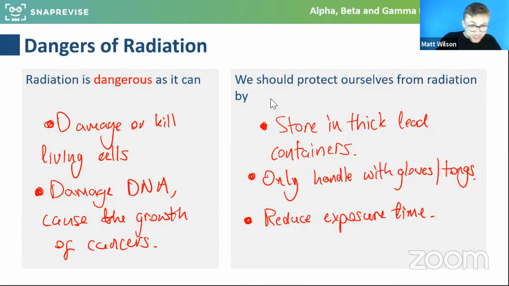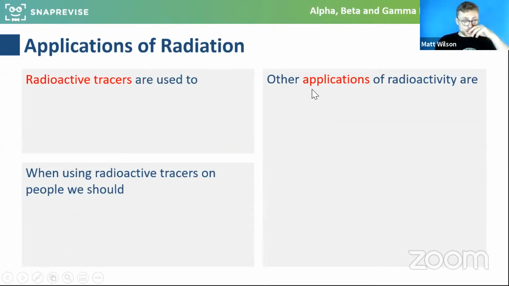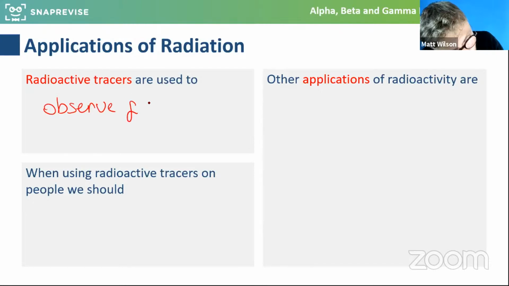Okay, so these are the dangers, but radiation isn't all bad. It has some uses. So why do we even handle radiation? Well, the first thing they can be used to do is observe fluid flow patterns.